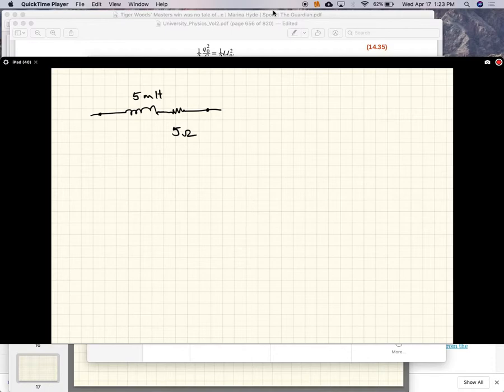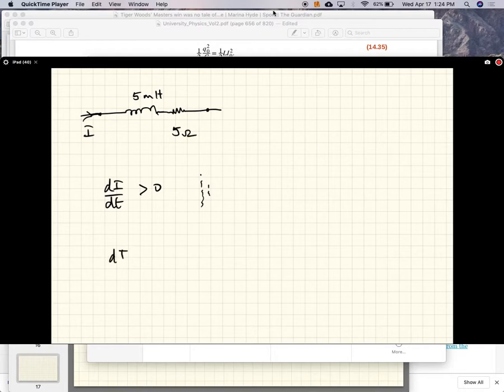Now, when di by dt is positive, when the current is increasing, the induced EMF will be in this direction, in the opposite direction.